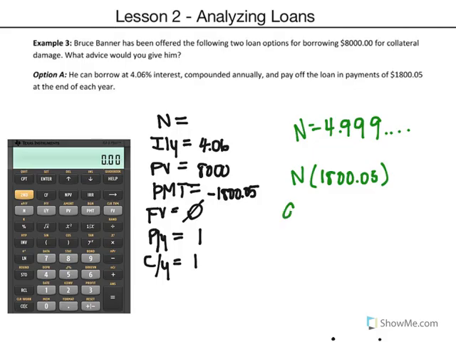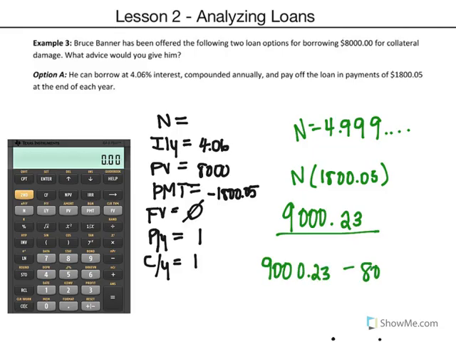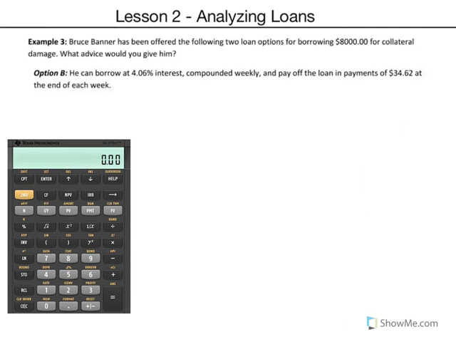And you should get $9,023.22 something. So this is the total he paid. To figure out how much is interest, we're going to take 9,023 and subtract 8,000, and you get 1,023 dollars. So that is the interest he paid on this one.